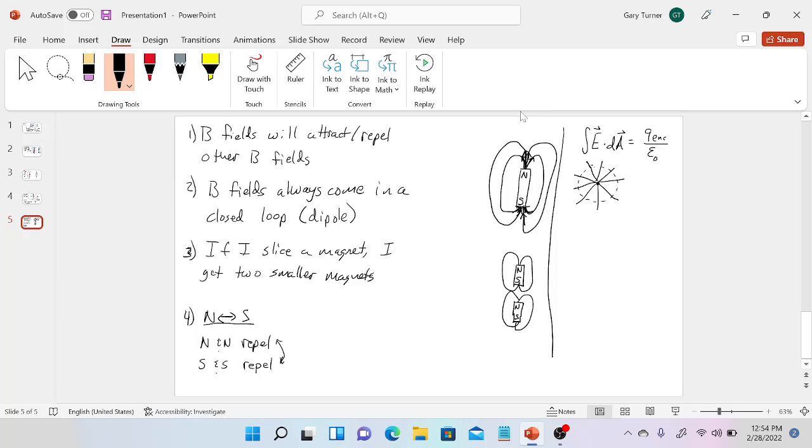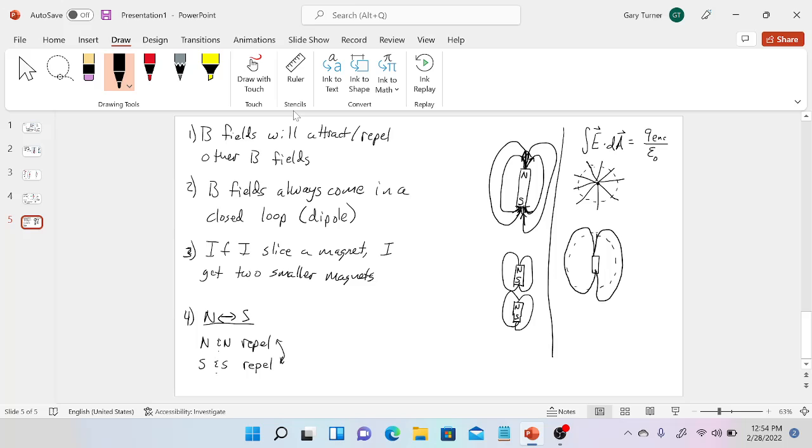Okay. Magnetic fields don't do this, right? I can't have a monopole, so I have to have something like a bar magnet. And when I have that, if I draw a surface around the magnet, whatever amount of magnetic field leaves goes back in.